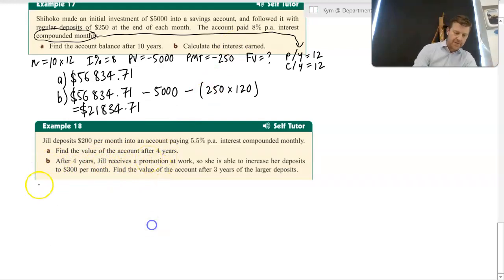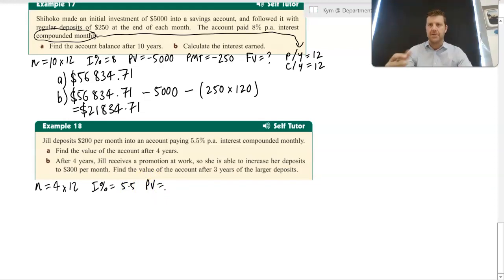For the first part, the number of periods is going to be 4 years times 12, because it's compounded monthly. The interest rate, as given to us there, is 5.5%. The present value, or the initial principal in this case, is going to be 0.